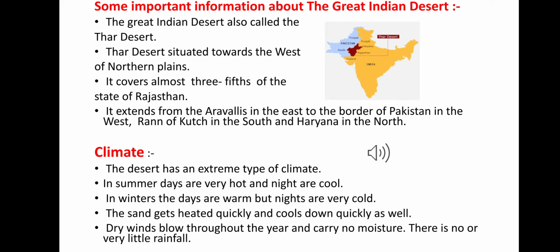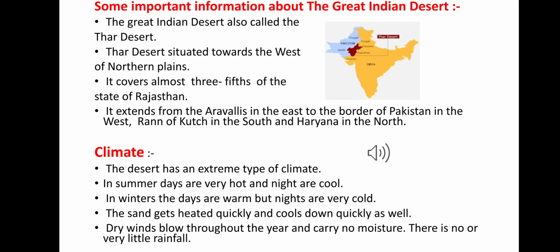Mainly the Indian desert is located in Rajasthan, and it extends from the Aravalli in the east to the border of Pakistan in the west, and from the Rann of Kutch in the south, and Haryana is located in the northern portions of this desert.